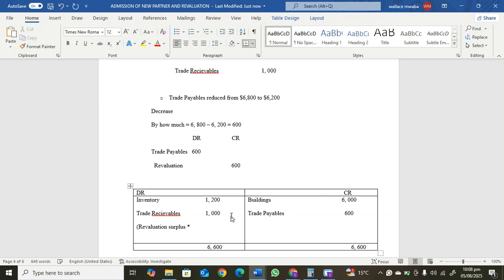Then you're going to say 6,600 minus 2,200. I've added this 1,200 plus 1,000, we get 2,200. So 6,600 minus 2,200, what do we get?